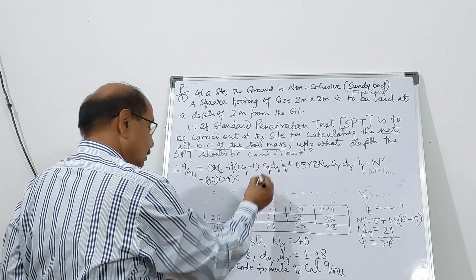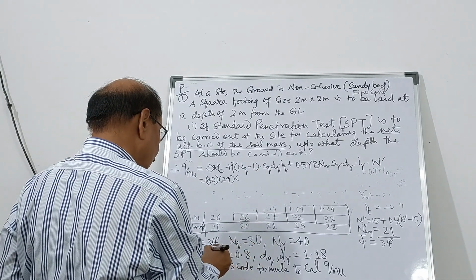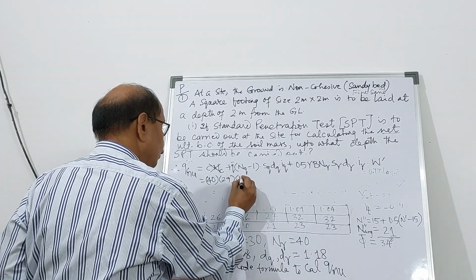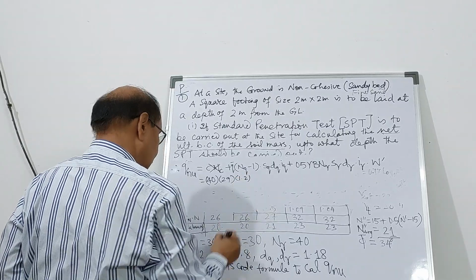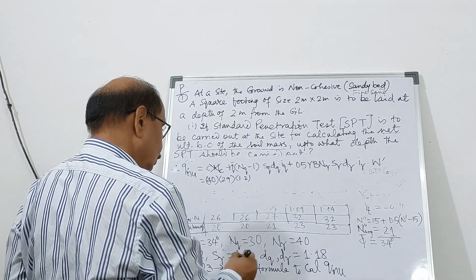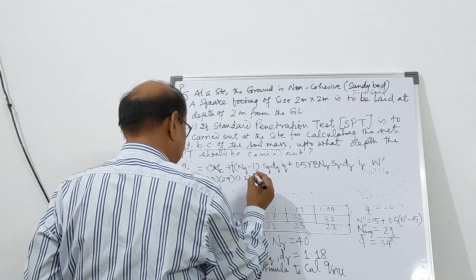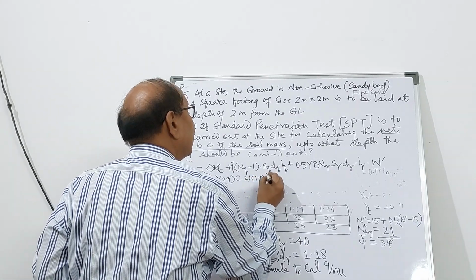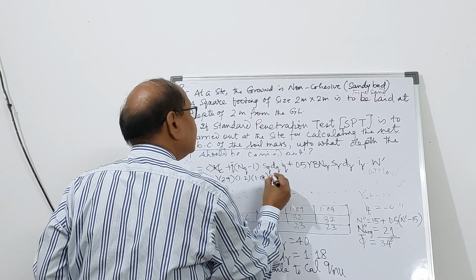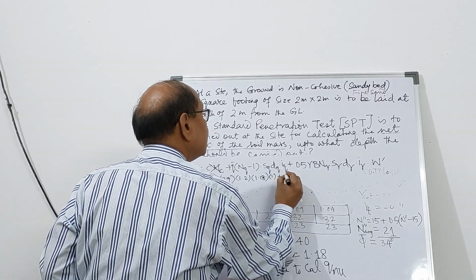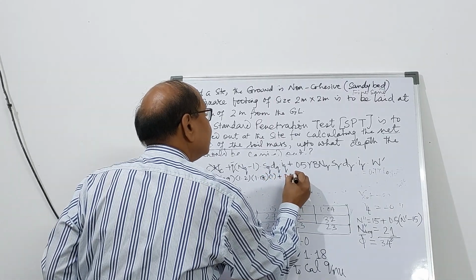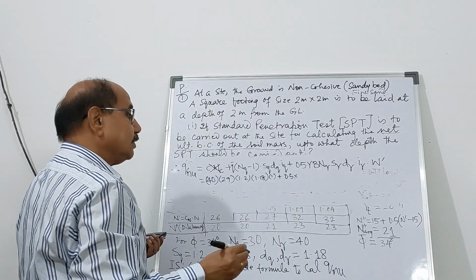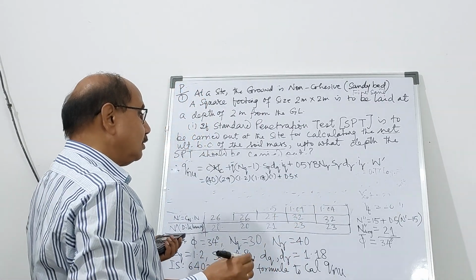Then the shape factor Sq is 1.2 for a square footing, and dq is 1.18. The inclination factor is 1, plus 0.5 multiplied by gamma.